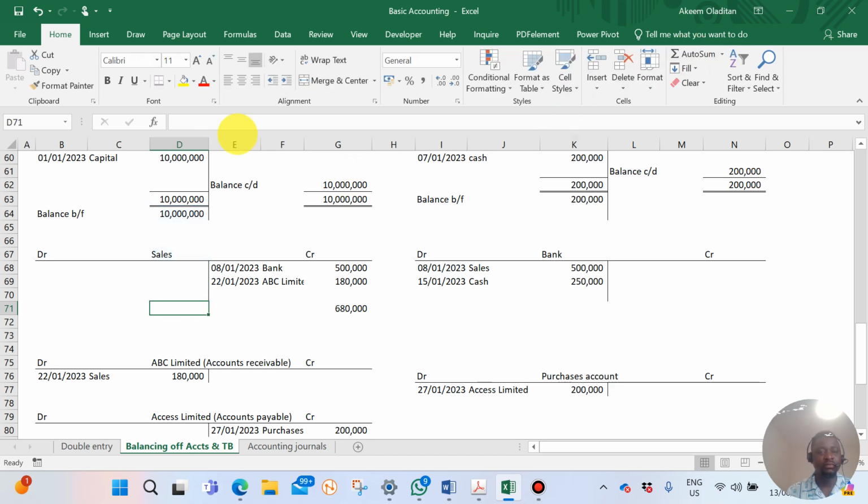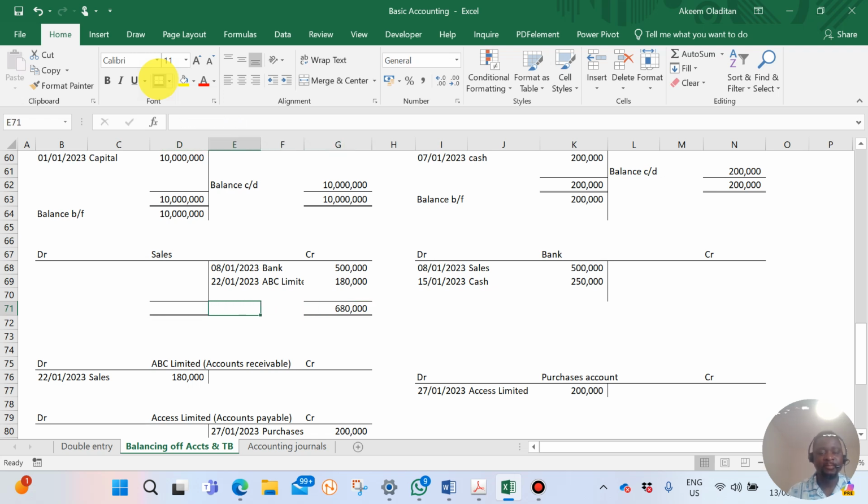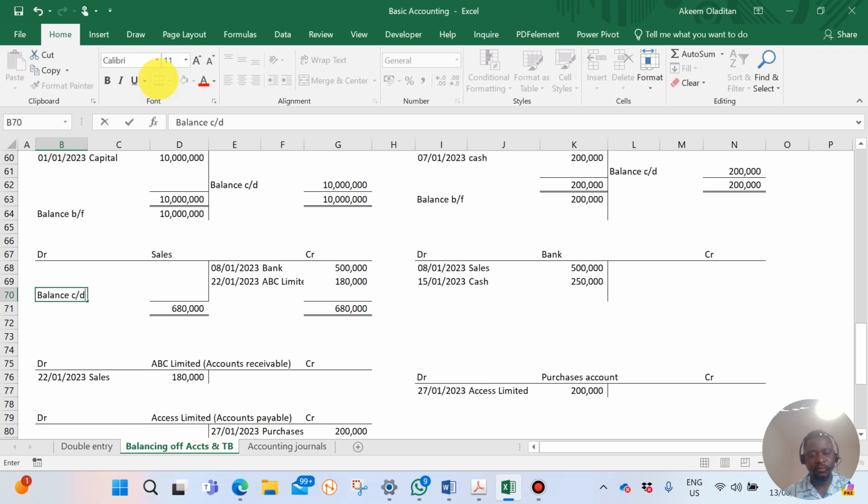The same value will come here, and our balance carried down will be on this side. So the same approach, balance CD, and our balance brought forward, BF, will be on this side.